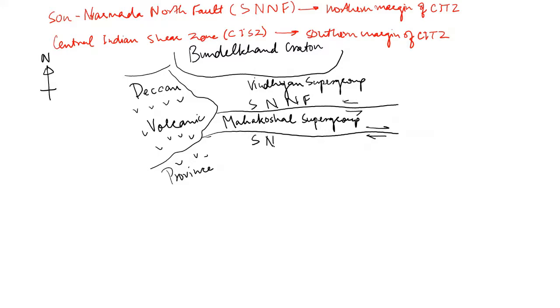The southern boundary of the Mahakoshal Supergroup is marked by the Son Narmada South Fault. Okay, so we have Son Narmada North Fault and Son Narmada South Fault.